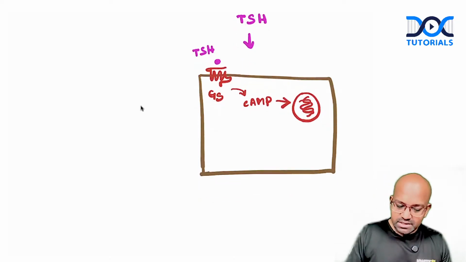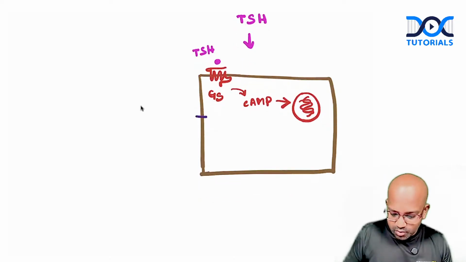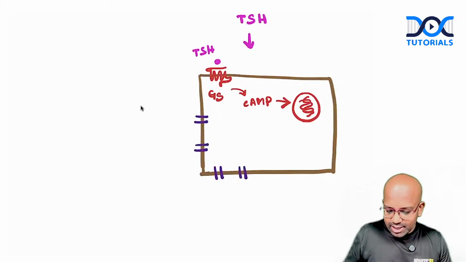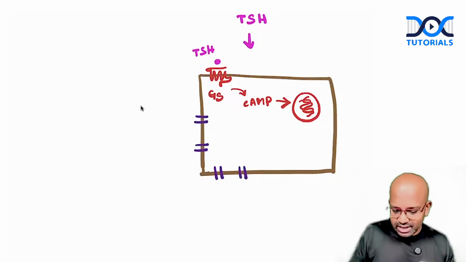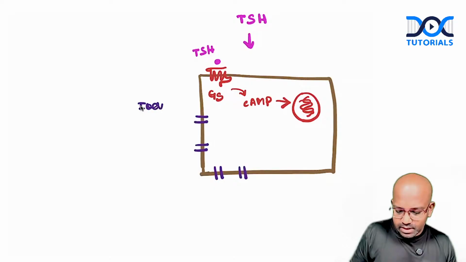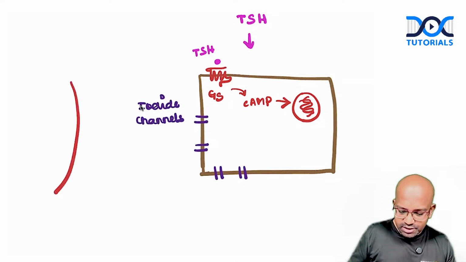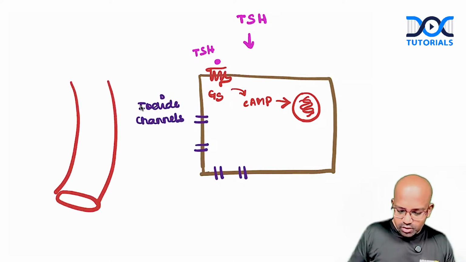Because of this, there will be synthesis of particular proteins. Two proteins will be synthesized. The first one is called iodide channels. So what will be its function? As the name itself suggests, consider here is your blood vessel.